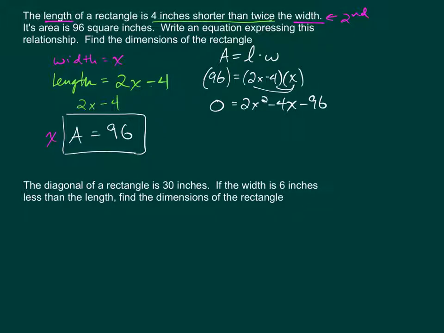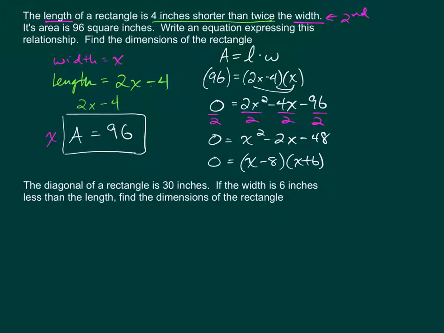One thing I'm going to do to make this easier is divide all terms by 2. And I can do that because I'm only dividing by a number. So when we do that, you can see this equation turns into 0 equals x squared minus 2x minus 48. And if you factor this, you'll get 0 equals x minus 8 and x plus 6.